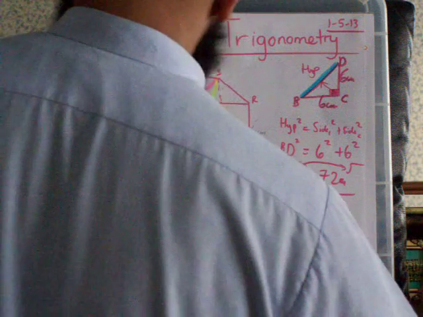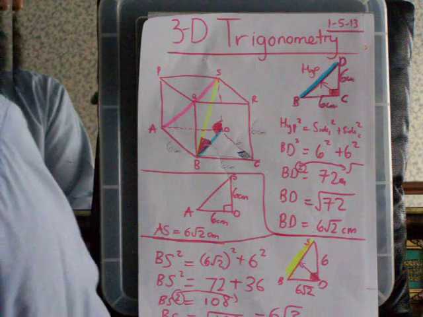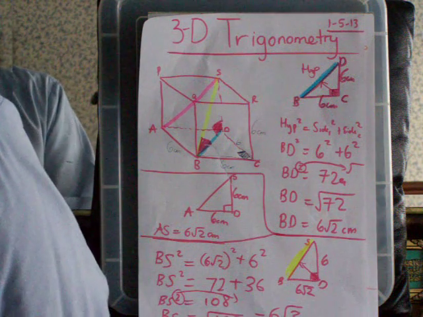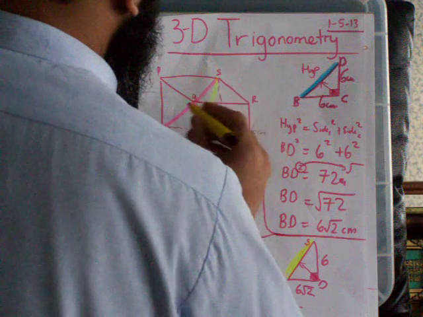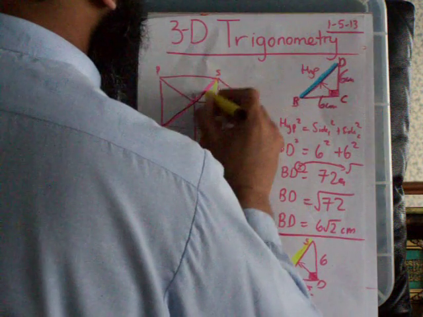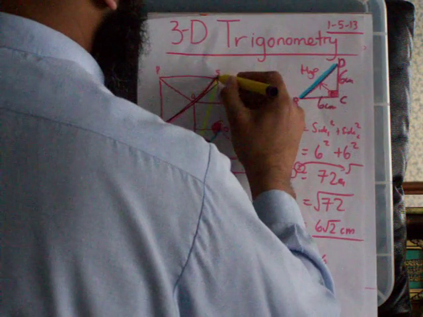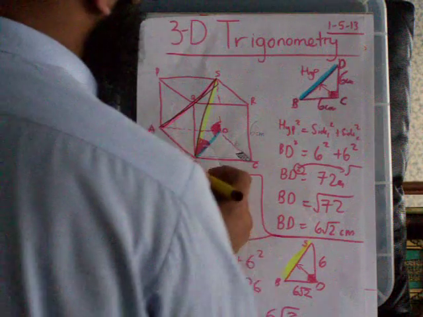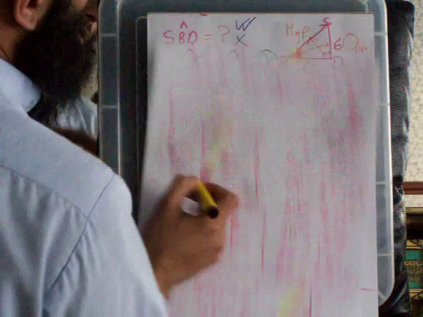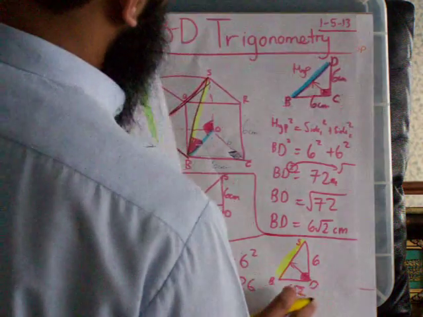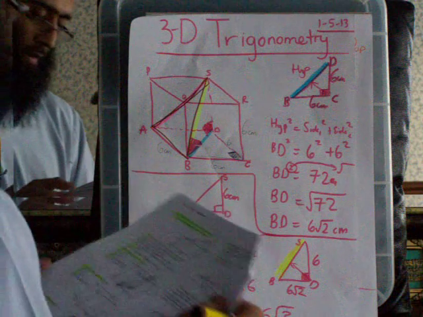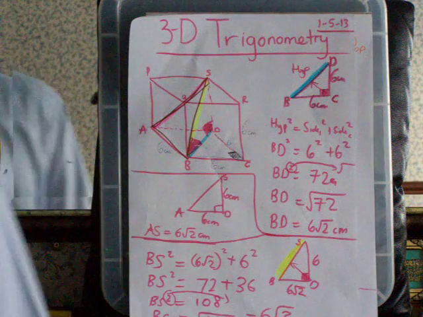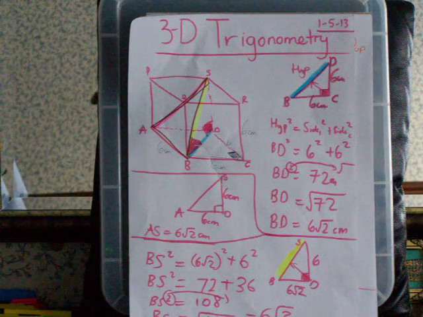Alright, let's just get the right colours. See the brown. Well, the AS is already there, and then the B is over here. Okay. So he wants us to look at the angle ASB. Right, let's put this to one side.